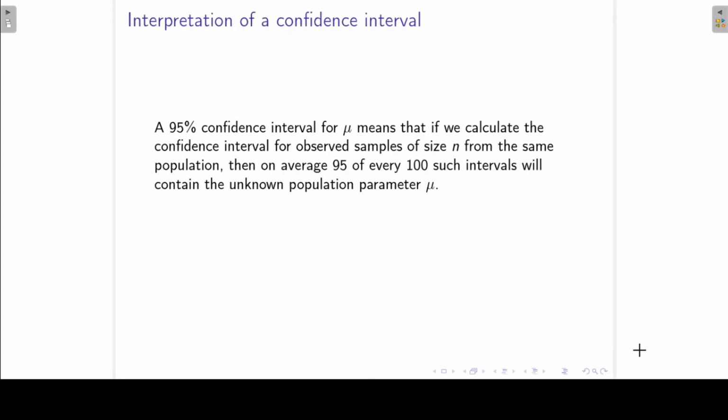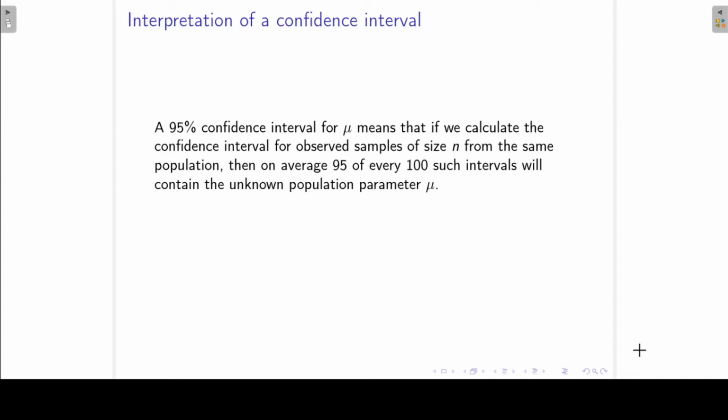A 95% confidence interval for mu means that if we calculate the confidence interval for observed samples of the same size n from the same population, then on average 95 of every 100 such intervals will contain the unknown population parameter mu. Or if we set up a 90% confidence interval, then on average 90 of every 100 such intervals will contain the unknown population parameter mu.